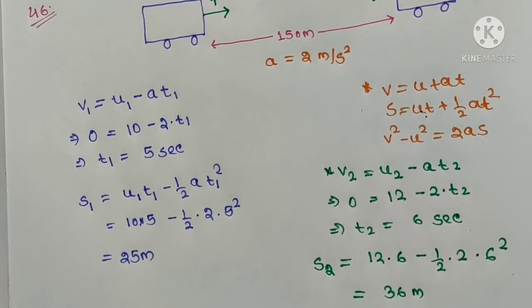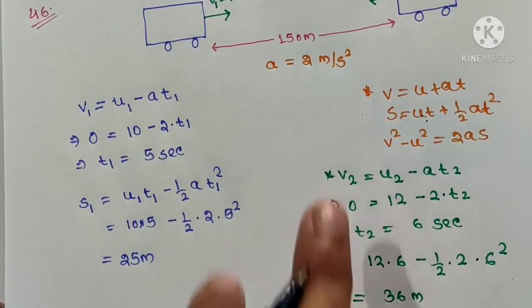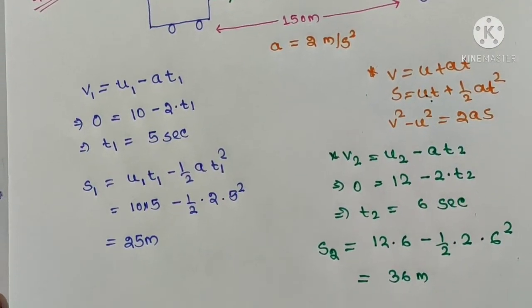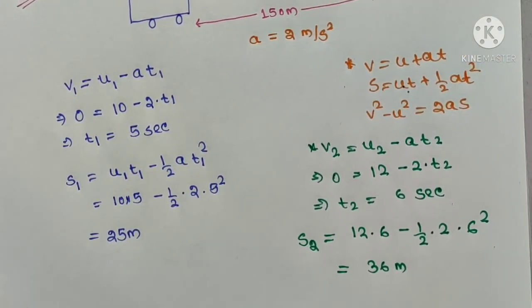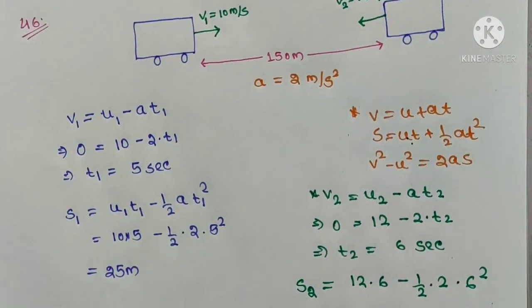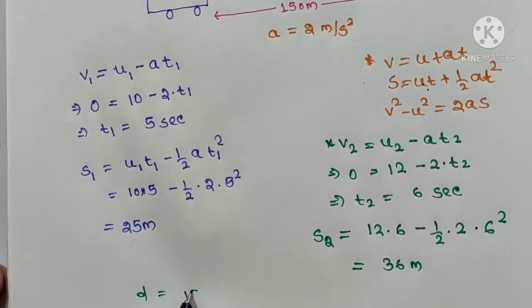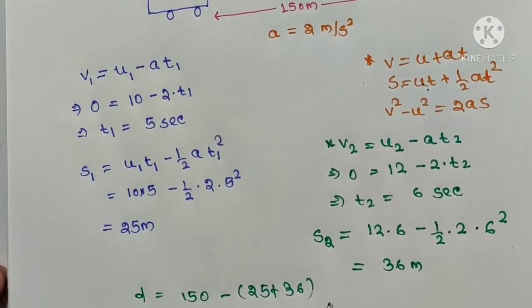So the fast car will travel 25 meter and the second car will travel 36 meter before they come to stop. So the distance between the cars after they are at rest will be 150 minus 25 plus 36, that will be equal to 89 meter.